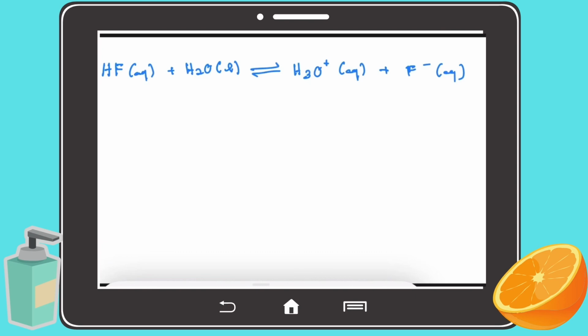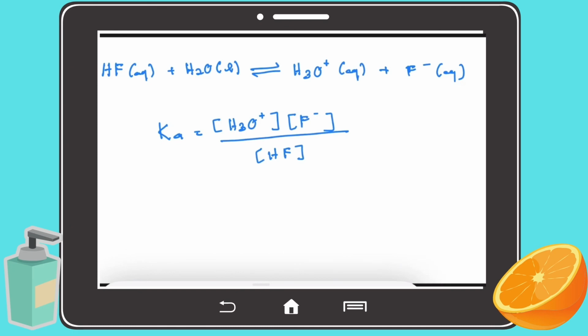So how do we write the Ka expression? Ka represents acid, so it only involves the aqueous state. Water is not involved because it is in a liquid state.